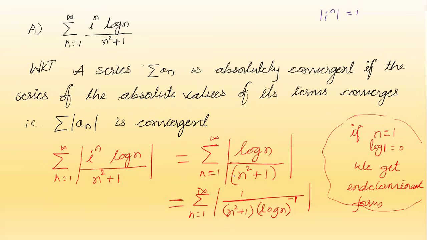Therefore, modulus of log n divided by n square plus 1. If we take log n to the denominator, we write it as 1 divided by (n square plus 1) times (log n) whole raised to minus 1.